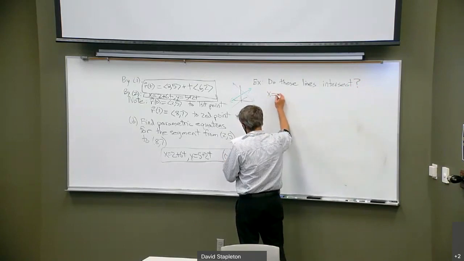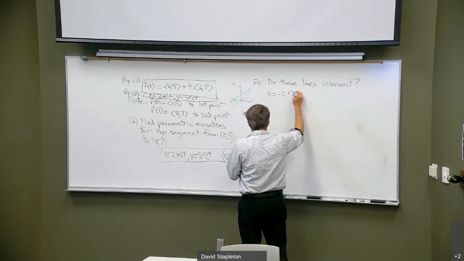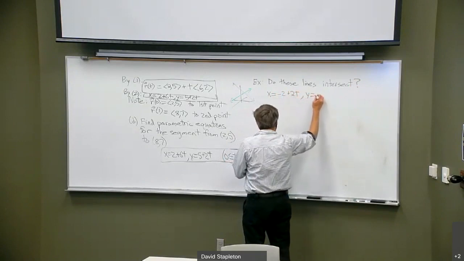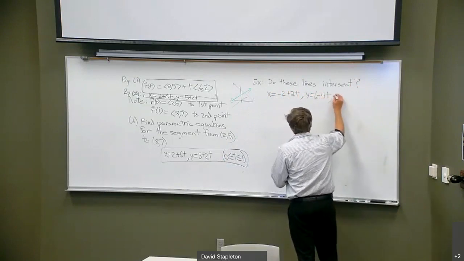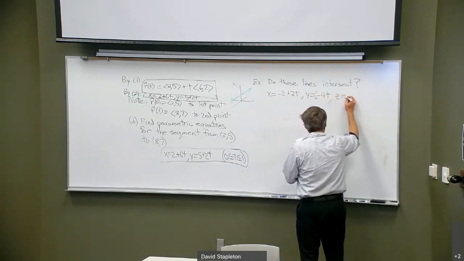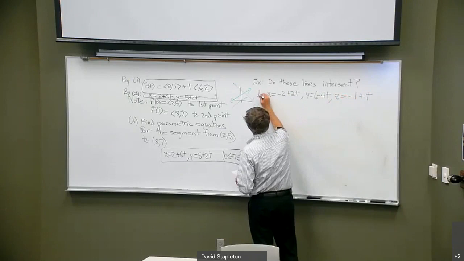X equals minus 2 plus 2t, y equals 6 minus 4t, and z equals 1 plus t. That'll be the parametric equation for one line. Let's call it L1. Line L2 can have these parametric equations.